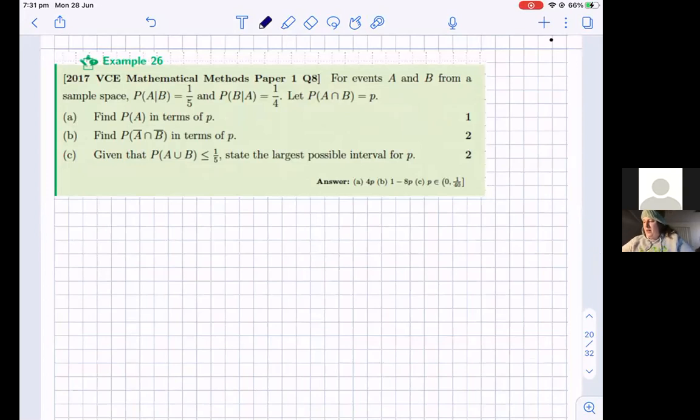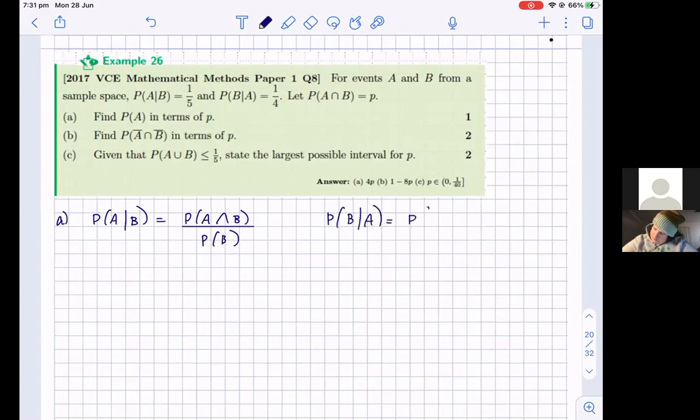Probability of A and B is P. Find probability of A in terms of P. So probability of A given B equals the probability of A and B over the probability of B. The probability of B given A is the probability of A and B over probability of A. So if we want the probability of A, then we've got to do the probability of A and B over the probability of B given A, if we just rearrange that formula.